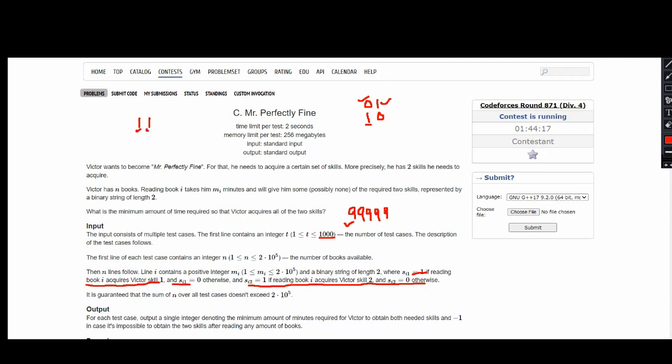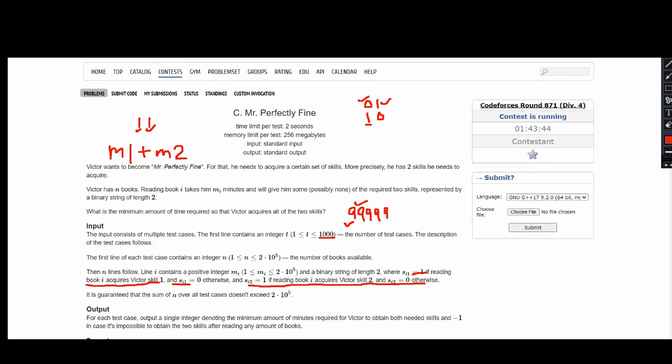Similarly, we define another variable, minute 2, also initialized to the same big number, and then take the minimum. So we would get the total time as minute 1 plus minute 2. This can be applicable in all the cases.